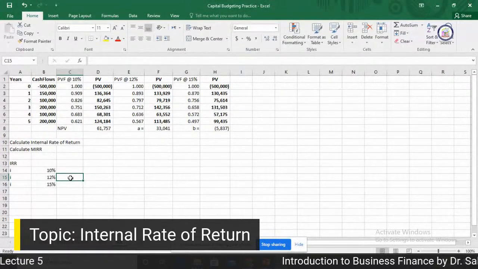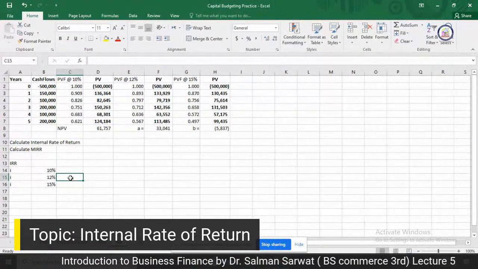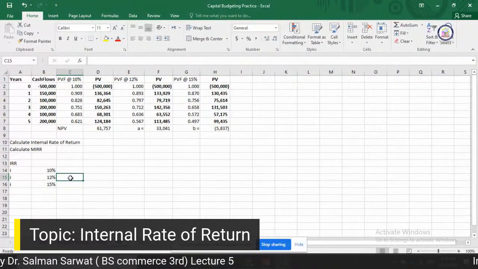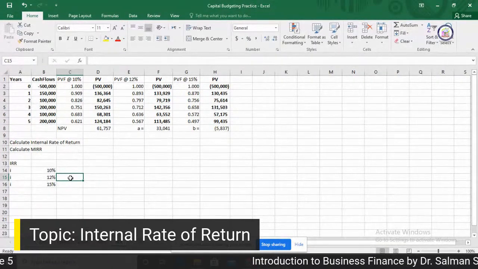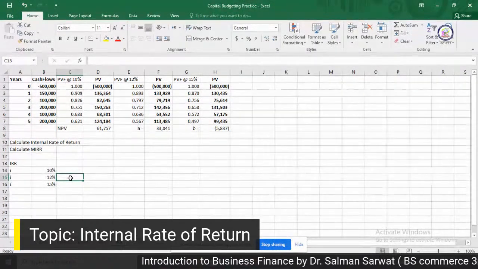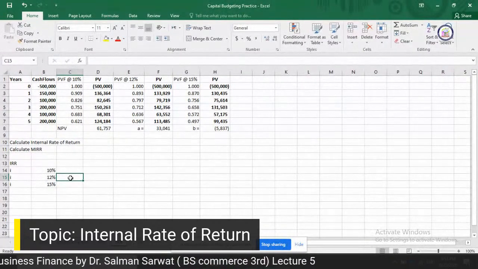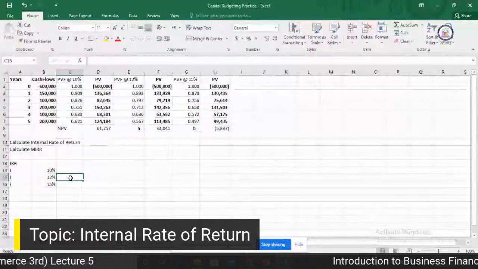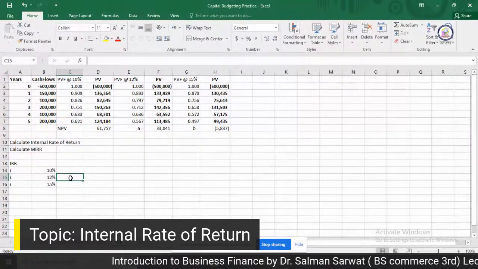If we take two rates which are far away from each other, in that case there are chances for error. So in order to avoid that error, we will try to find out two rates which are very close to each other. So we are getting two rates. One is 12%, and we are ignoring the 10% right now.